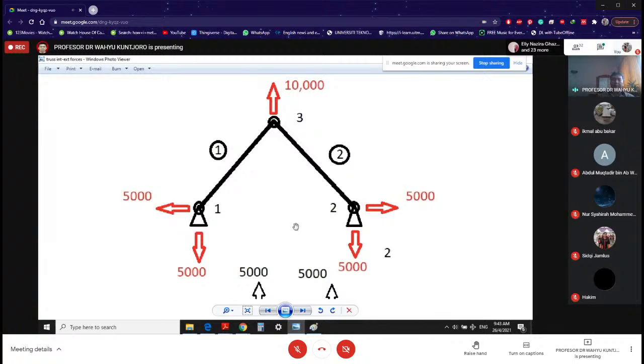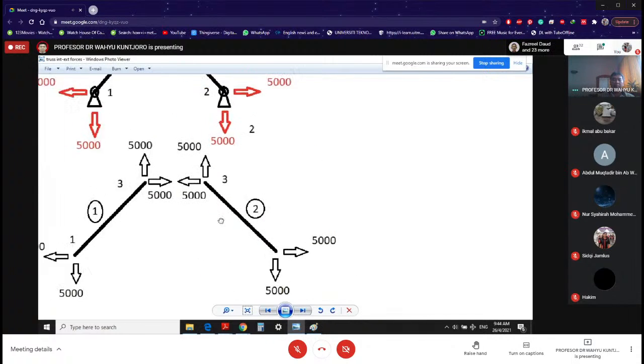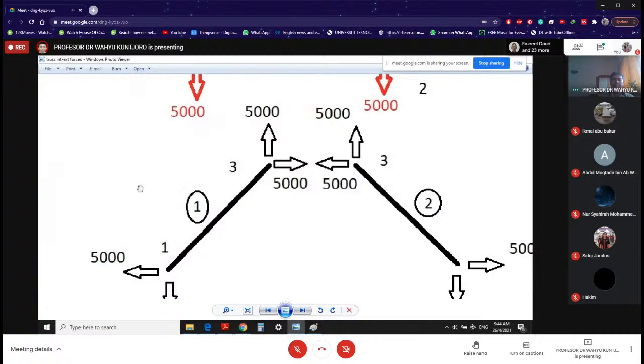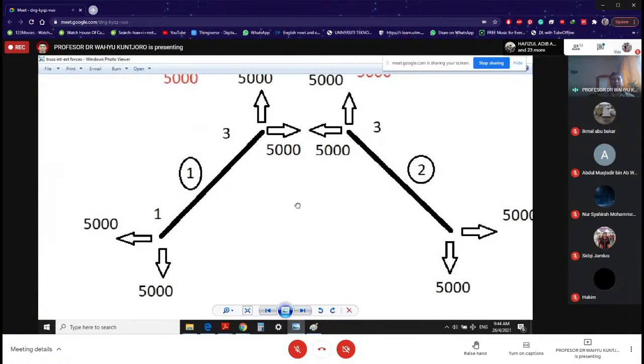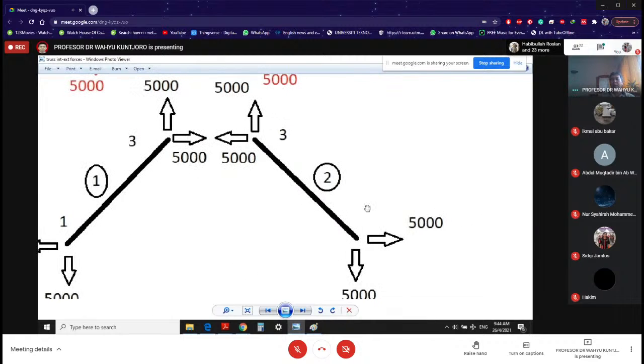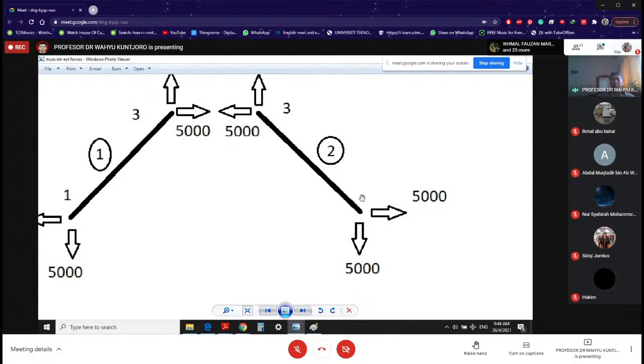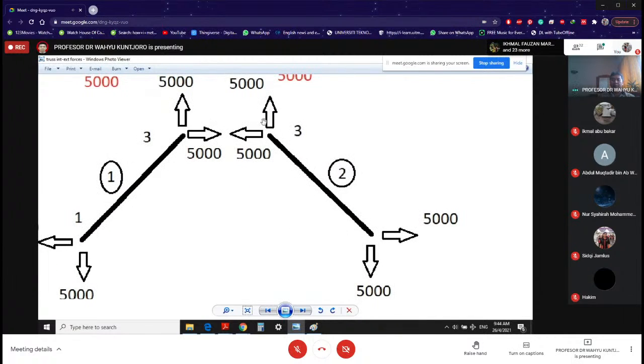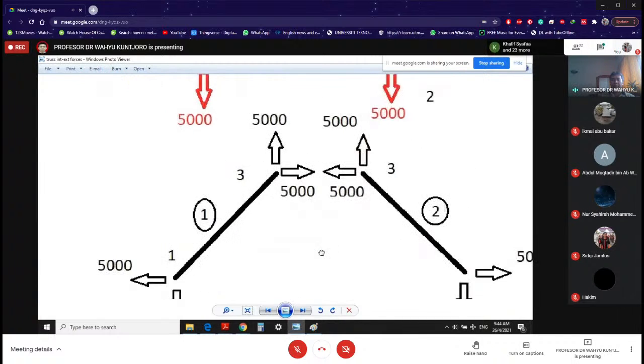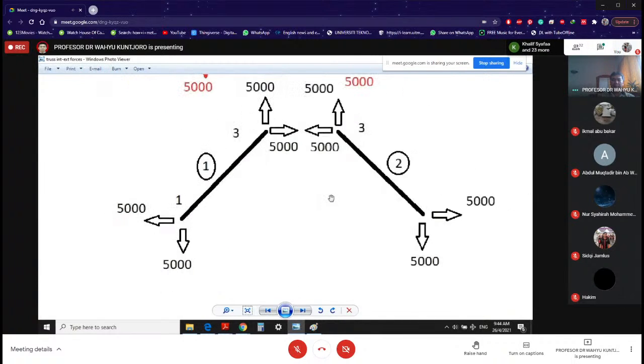So this is our finite element model, our structure, action and reaction. These are all external forces. For element number 1, we have done this just now: internal forces at node 1 and at node 3. For element number 2, we have done just now internal forces at node number 2 and at node number 3.